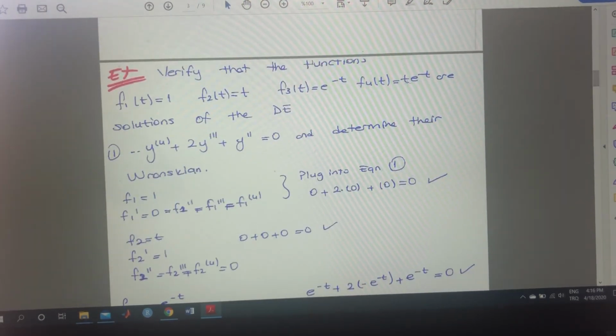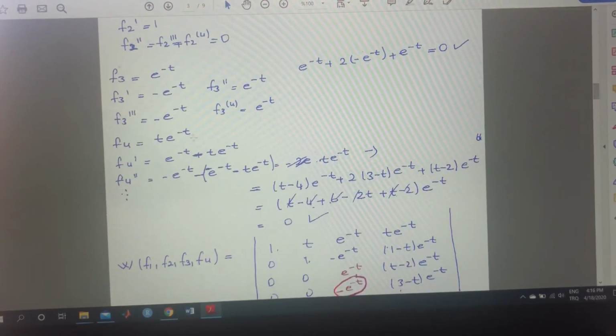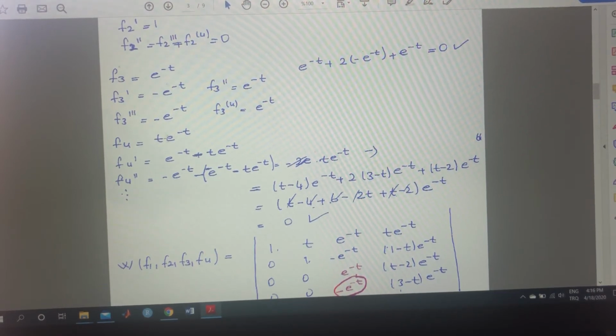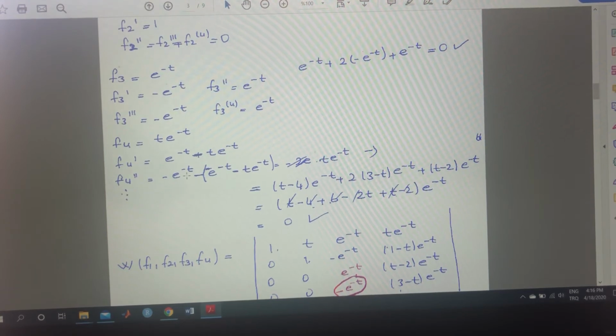And f4 was t times e to the minus t. Here we need to take the derivatives, but since there are two terms, we are using the product rule: derivative of the first times the second, plus the first times the derivative of the second. Exactly what we did here. This is the first derivative. After that, we need to take the derivative. The derivative of this one you can write directly by multiplying with negative.